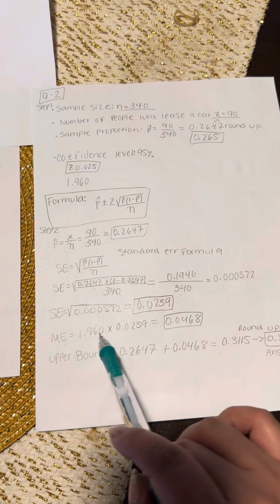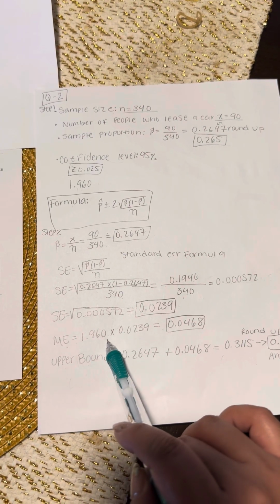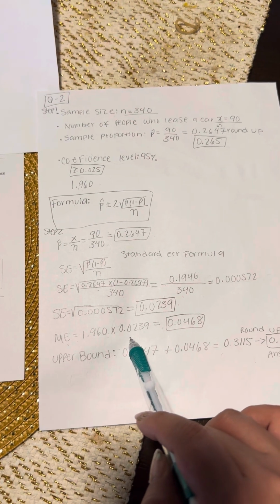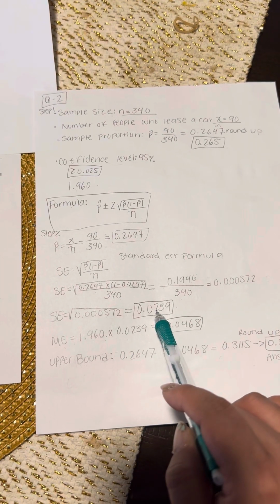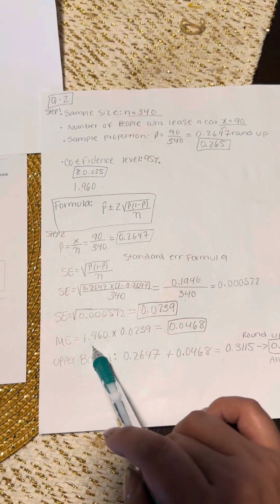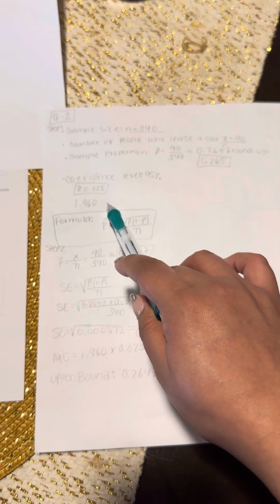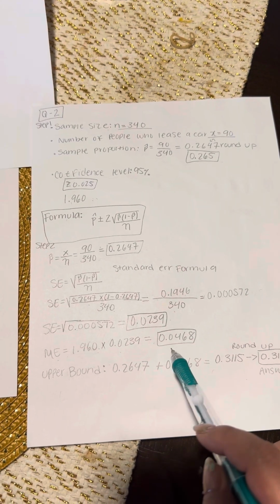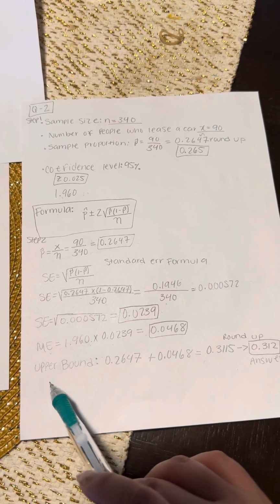Then you plug in 1.960 times 0.0239, what you got here, and you got this from up here, and that would equal 0.468.